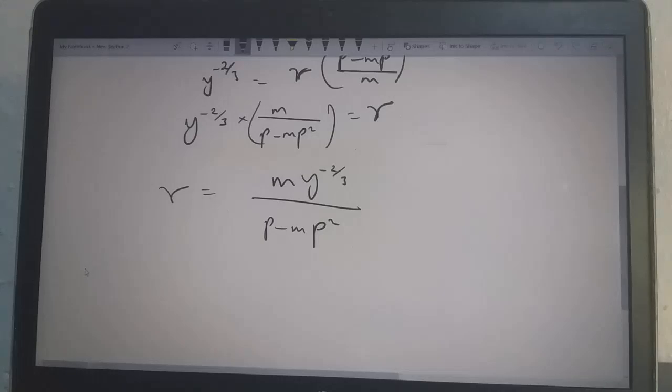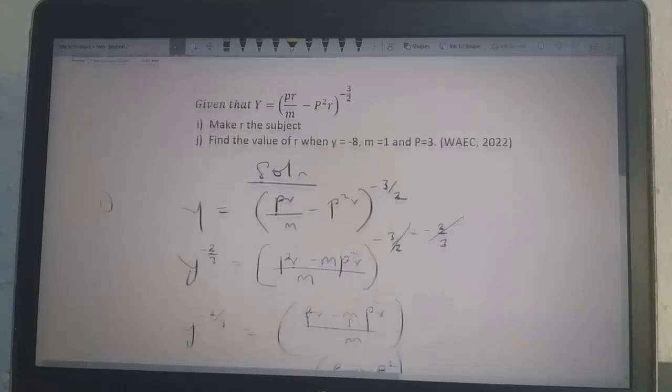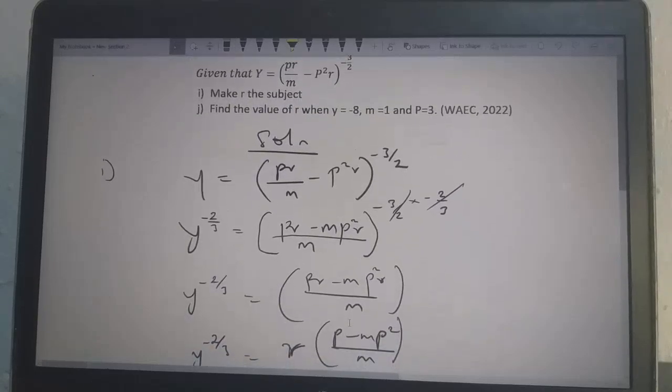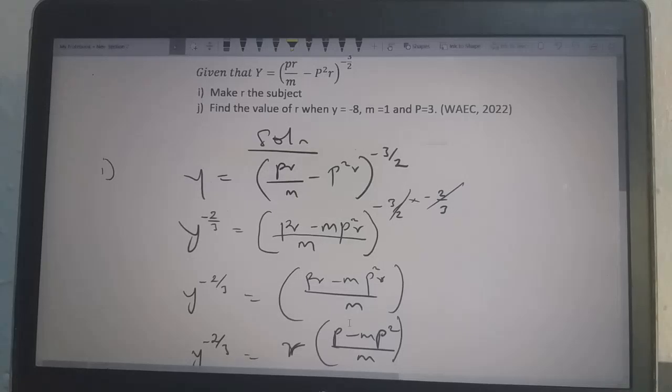Now to the second question, let's go back to it. Find the value of r when y equals -8, m equals 1, and p equals 3.